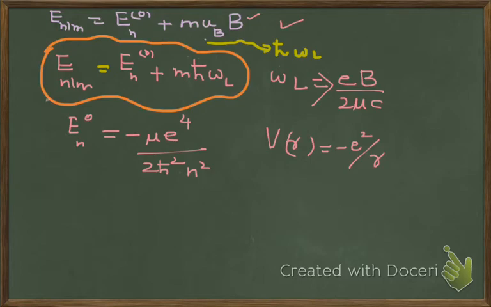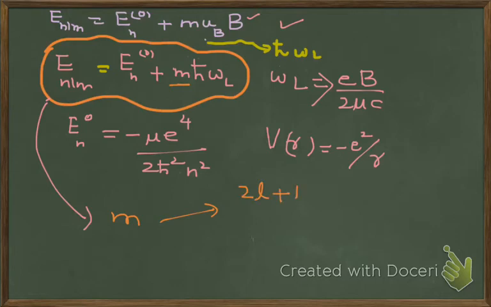This equation represents that the splitting depends on the value of m, and the number of levels of m can be obtained from the value of L. For a value of L, we have 2L plus 1 split levels.